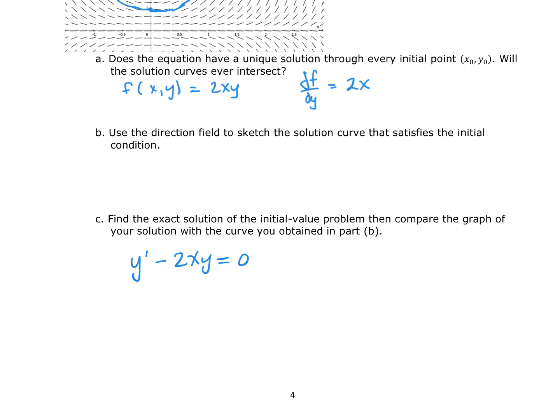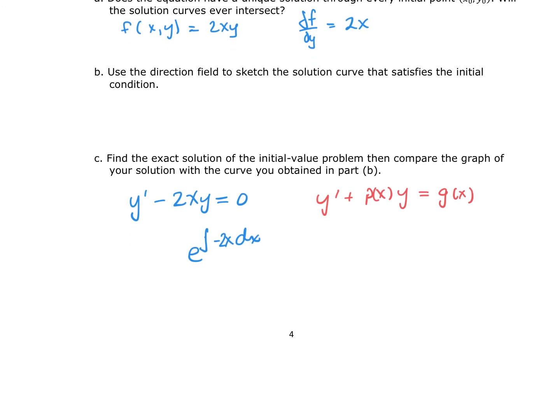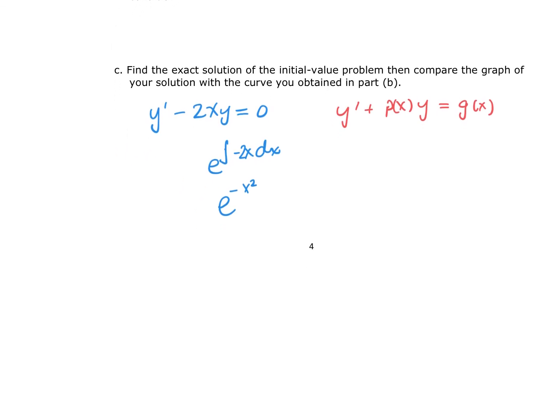And so I have my integrating factor, which will be e raised to the integral of negative 2x dx. Because remember, we need it to be in the form y prime plus p of x times y is equal to g of x, and so it has to be a plus, so it's a negative 2x. My integrating factor then is e raised to the negative x squared, so there's my integrating factor.